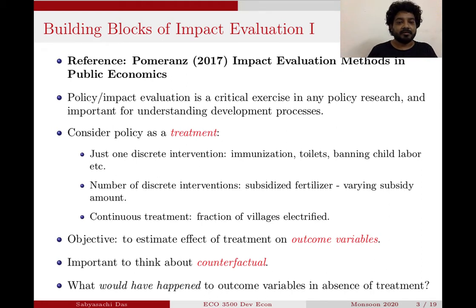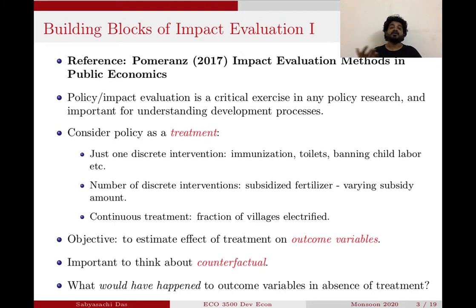I've already discussed why we should care about policy impact evaluation. It's really important for any policymaker in the government, or if you are working in the policy research space advising governments, you need to have a very good sense of what kind of policies have what kind of effects on outcomes.